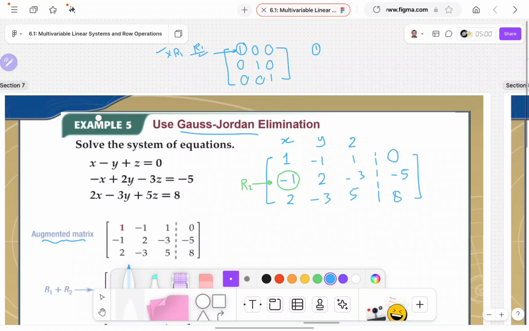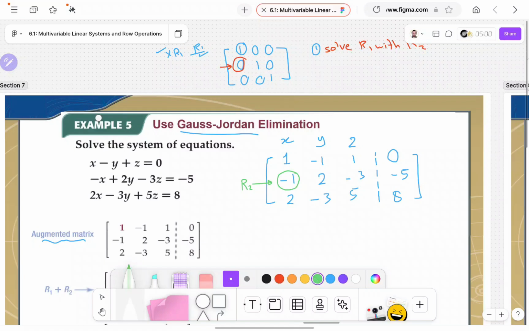Now the second step is to make this value here in row 2 equal 0. How to make it equal 0? You need to solve row 1 with row 2.